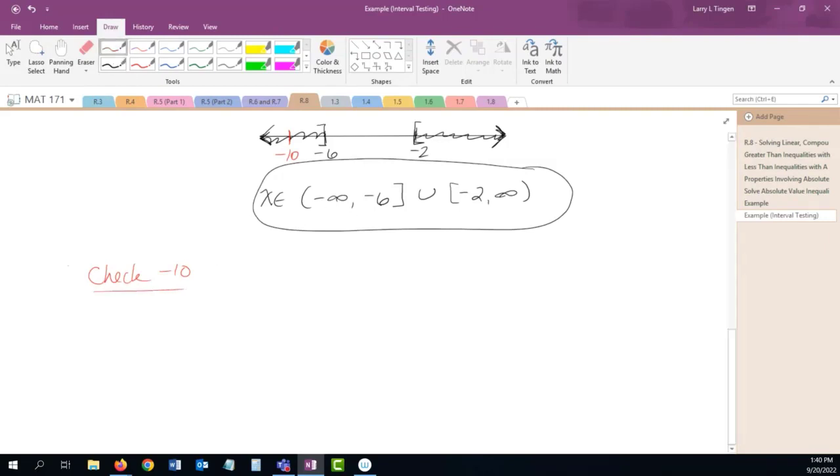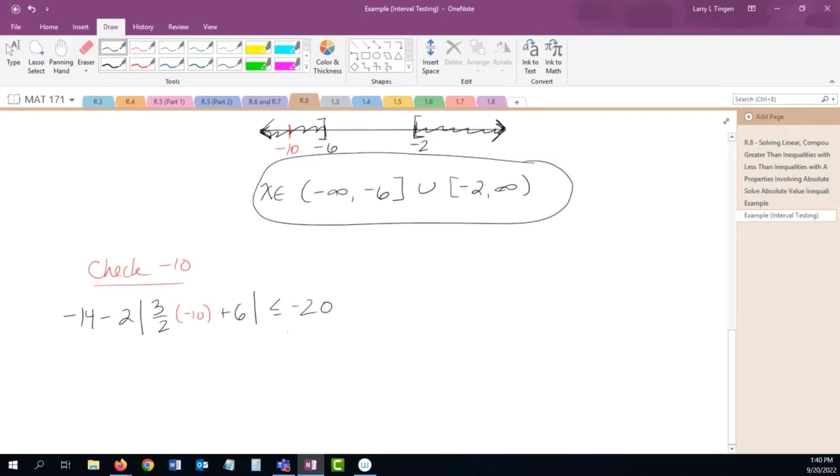So that means what? If I plug negative 10 in for x, 3/2 times negative 10 plus 6 less than or equal to negative 20. If I plug that in and then work the problem, when I get to the end, I should get something back that is true. Do I? Let's find out.